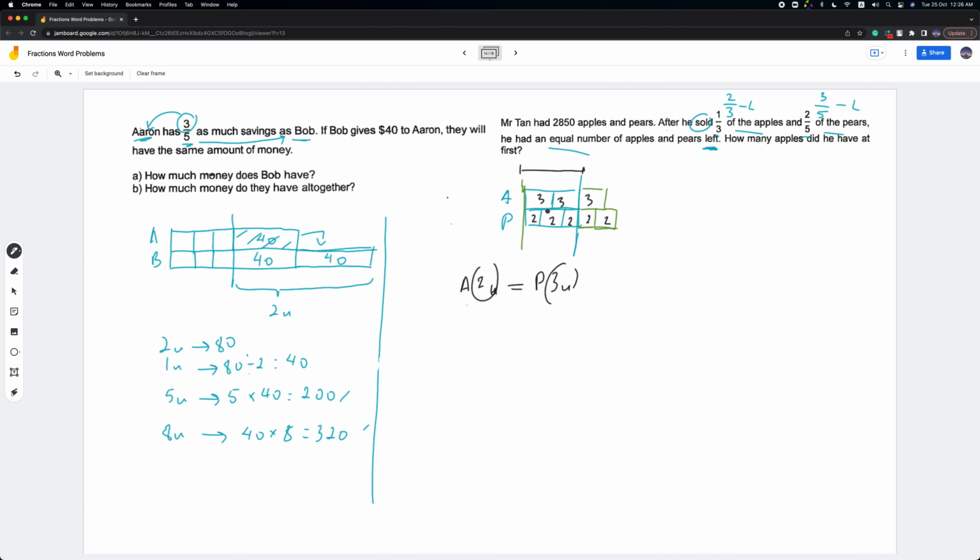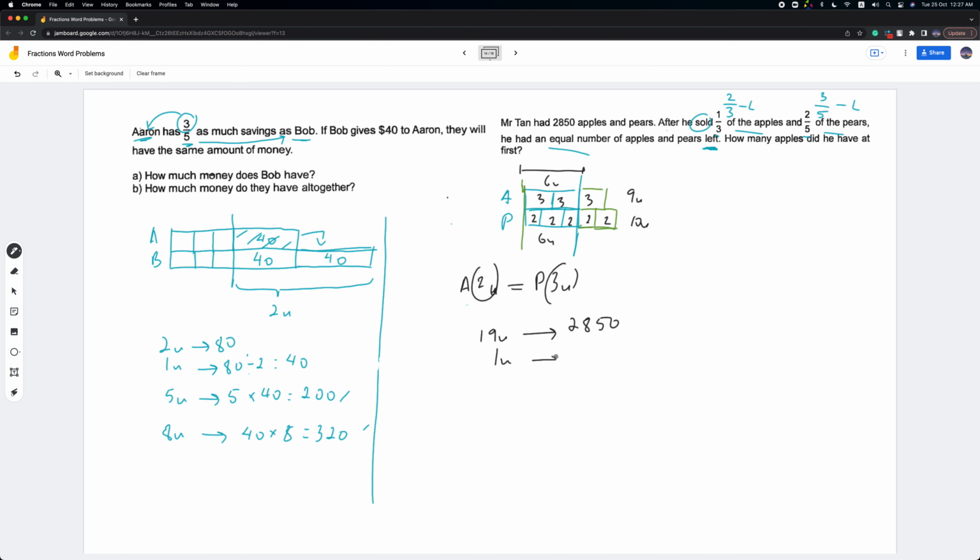Why do we want to do that? Because we want to make them equal. So if you see from here to here, this is 6 units. Whether you look at it from the top or from the bottom, it's 6 units. Okay, so we have 9 units total for apple and 10 units total for pears. That gives us a total of 19 units. And 19 units is 2,850.